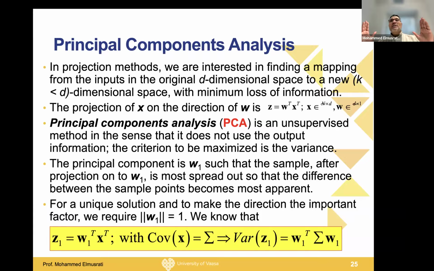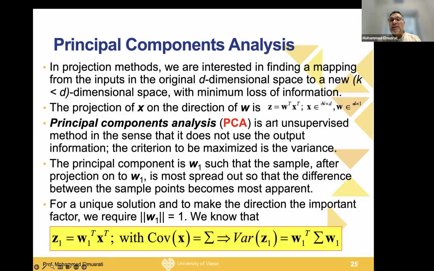I can project this matrix, 1,000 by 50, with a vector, and the dimension of this vector is the same as the dimension of the matrix. Because I have 50 features, this vector W has length 50.